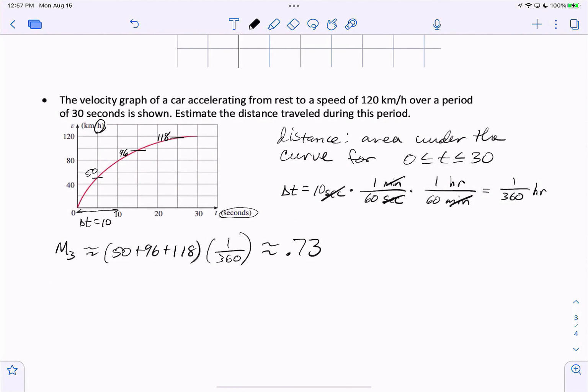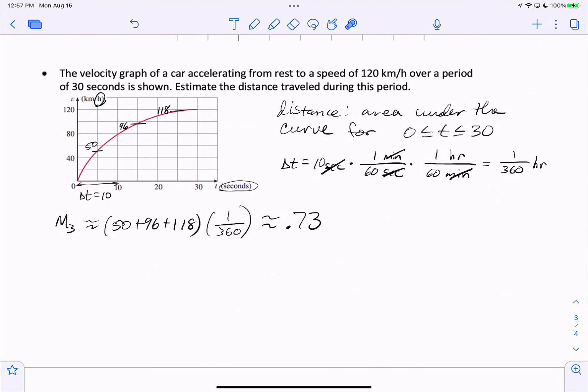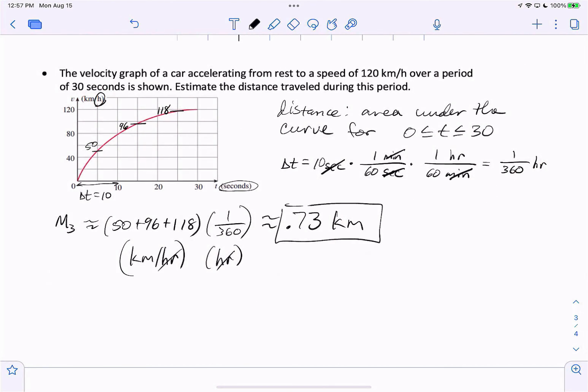Now, the units, 50, 96, 118, they're the output units. They're in kilometers per hour. And then 1/360th was in hours, right? So kilometers per hour times hours is going to leave me with 0.73 kilometers for the distance.